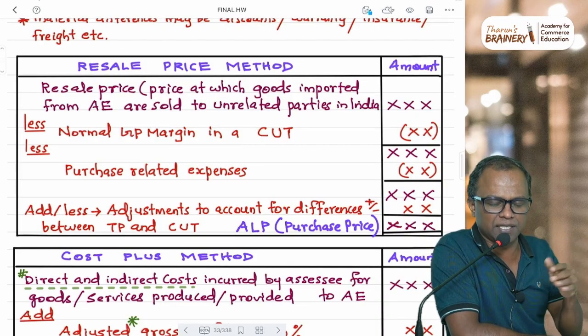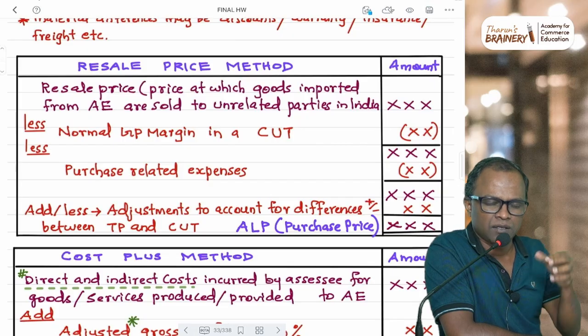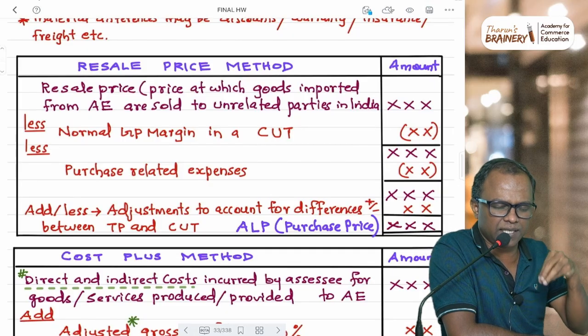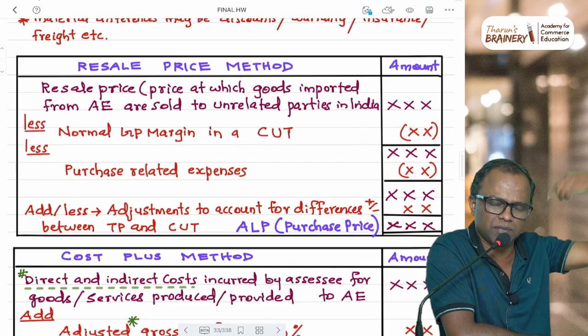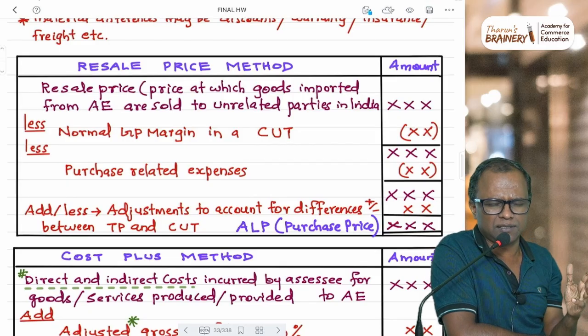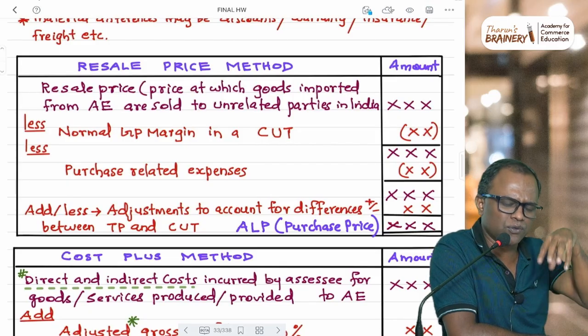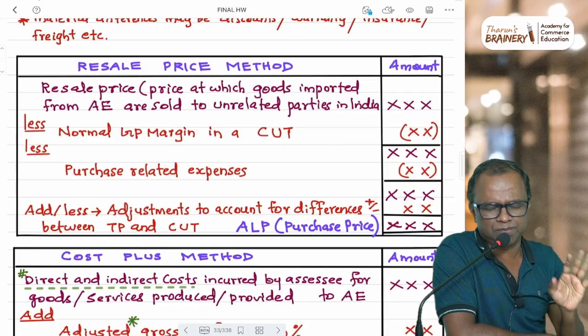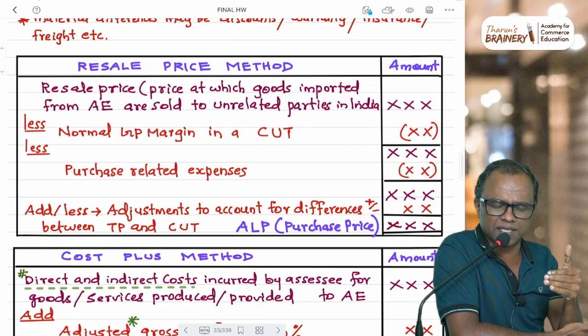So in normal cases we can apply the CUP method. But the resale price method is best suited when an associated enterprise in India is importing some goods from an associate enterprise located outside India, and without any major value addition, just adding some profit, those goods are resold in India. In that situation, this method is best suited.